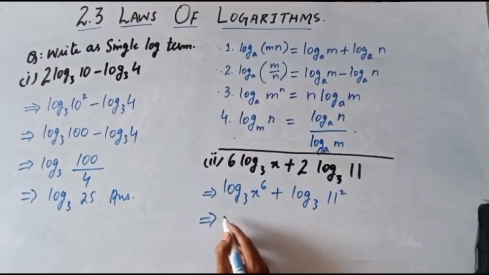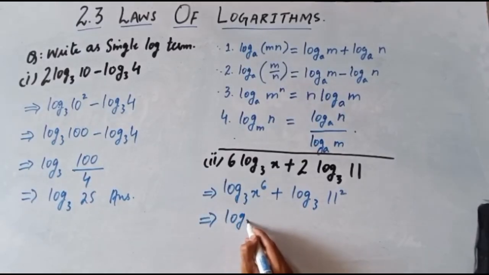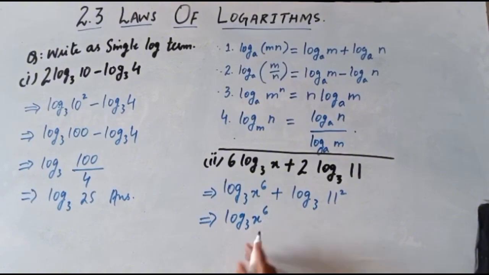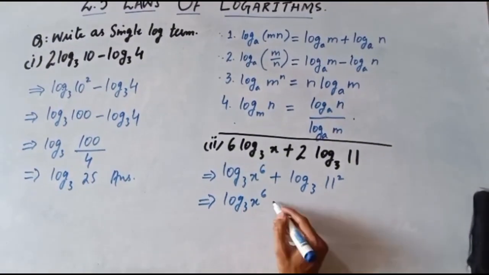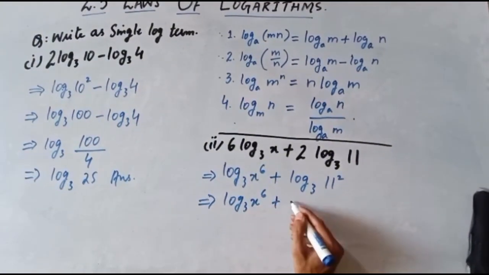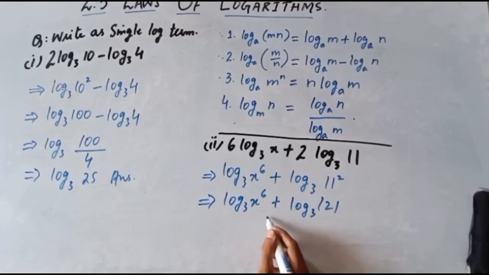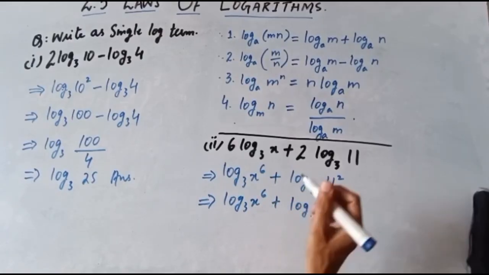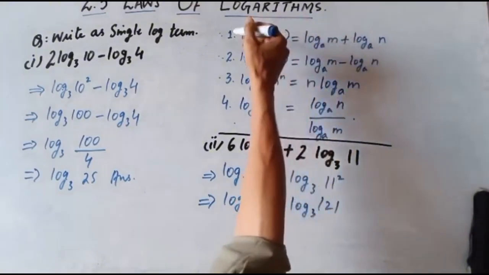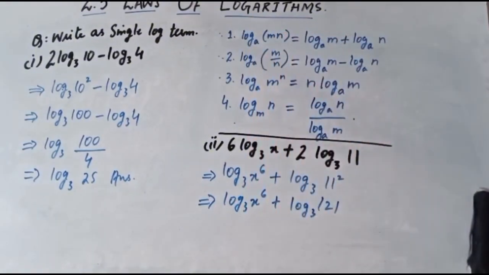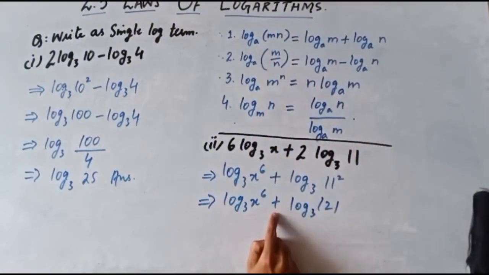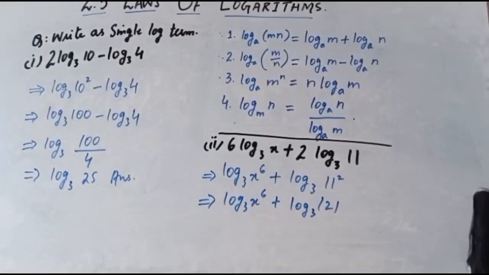So the square of 11 is 121. Now you can see over here it is written plus. So what we can do, we will use this product law. So in the product law, whenever there is plus, we can write them together in the product form.